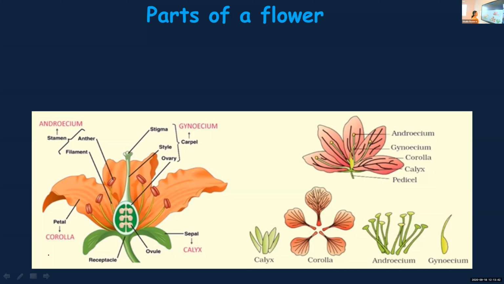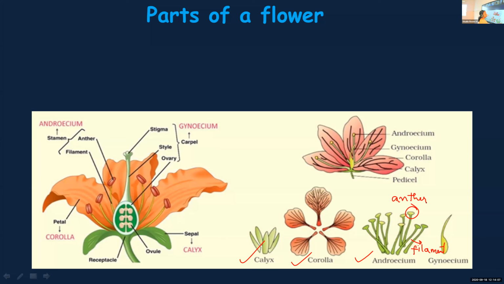Okay. So here you can find calyx and the petals or corolla. Androecium is given here. This part forms the anther, and the stalk is the filament. Together we call it androecium or stamen.